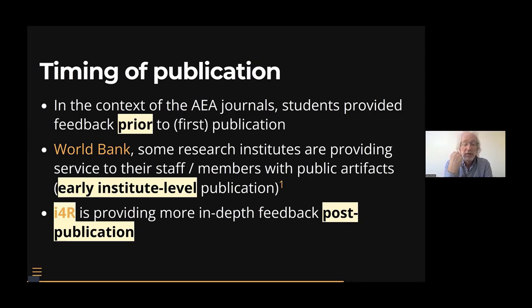On the other hand, the Institute for Replication is constructing quite a strong corpus of feedback that is all post-publication and happening there. How can we engage students more robustly within this environment where that level doesn't necessarily need to sync with the timing of publication?